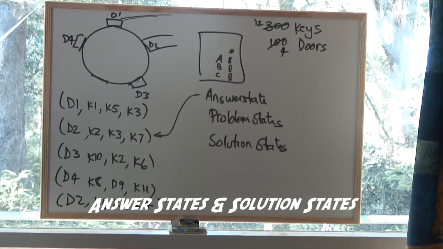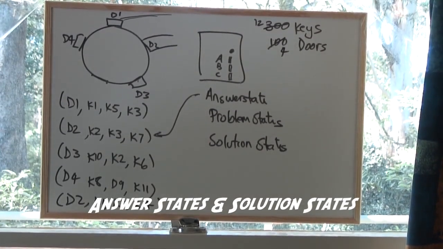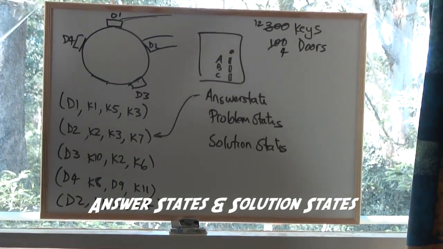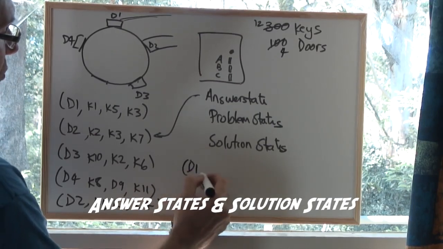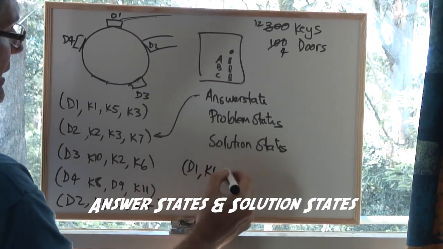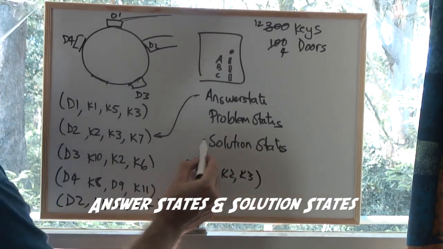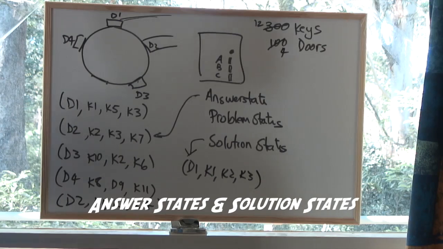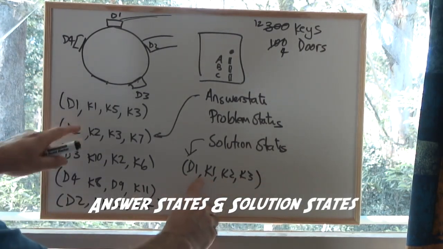The solution states are legitimate potential answers, though whether they are answers or not is not at the moment known. So for example, if I was to try door 1 with key 1, then key 2, then key 3, that's a solution state. It's a possible solution. It will turn out that these keys won't open. Well, let's just check.